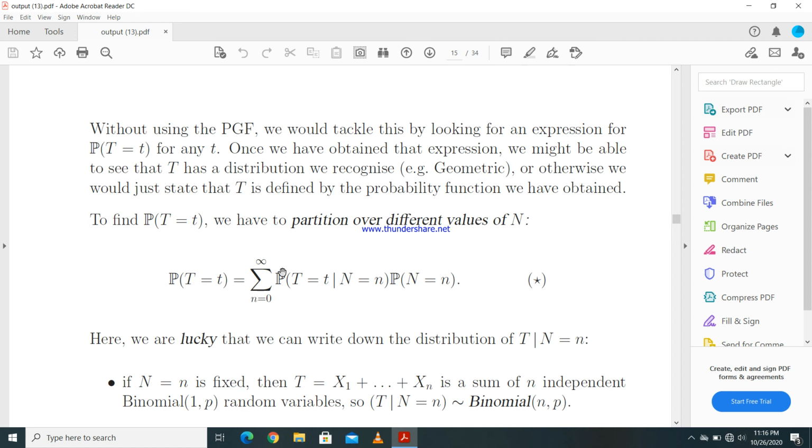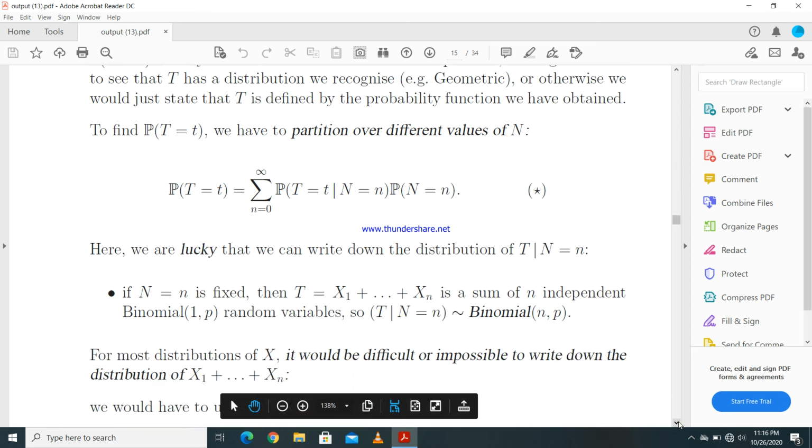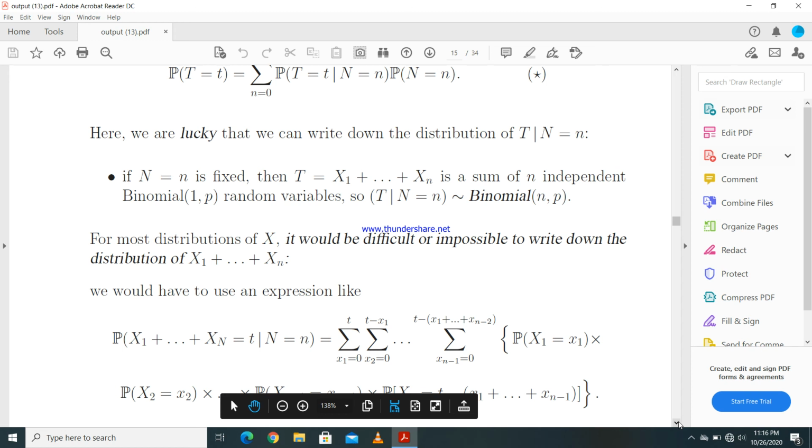Luckily, in this case we can write the conditional probability, because capital N is fixed and the x's have a binomial distribution. But in most cases, it would be difficult or impossible to write down the distribution of X1 up to Xn, because here T can be replaced by X1 up to Xn.